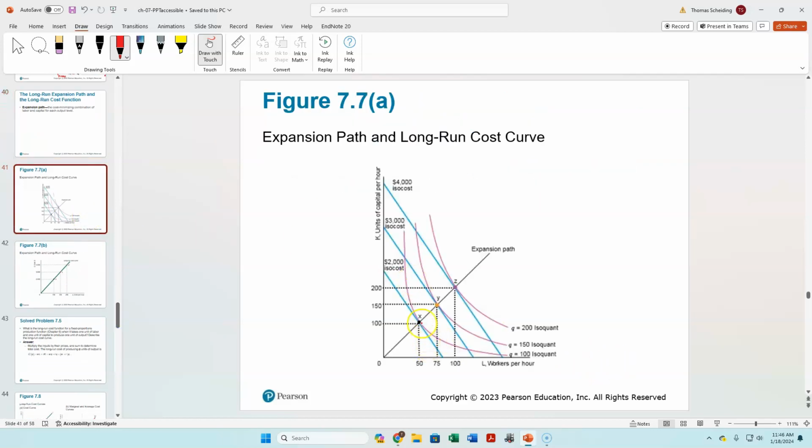And that's what we see right here. If we trace out all the optimal points for all the different budget levels, what we'd see is that at a $2,000 cost, a $3,000 cost, and a $4,000 cost, we are further and further from the origin.